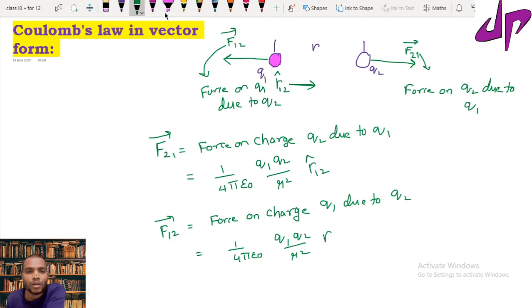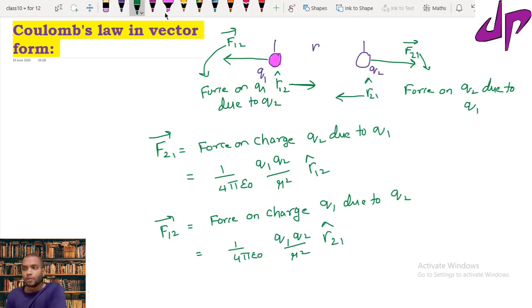Here the unit vector is in this direction, r21 cap. If I show the unit vector here, r21 cap is along this direction.